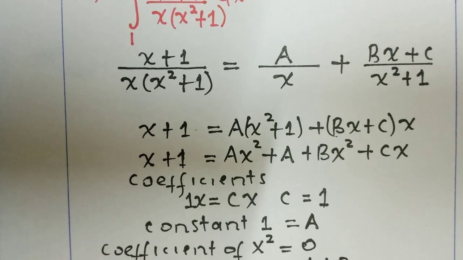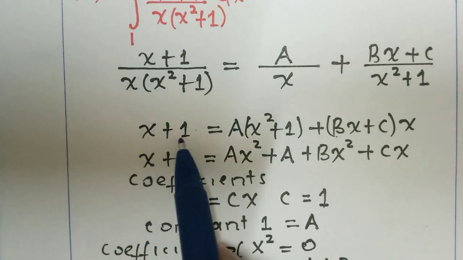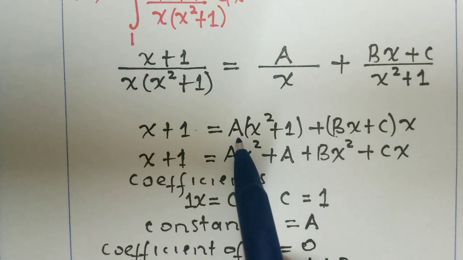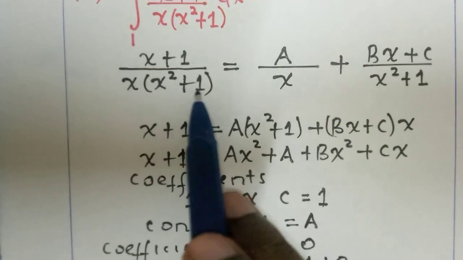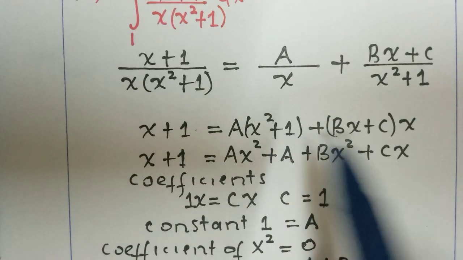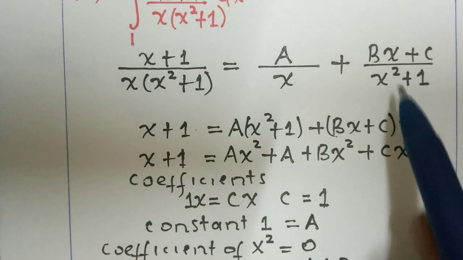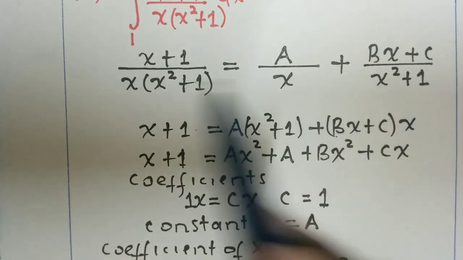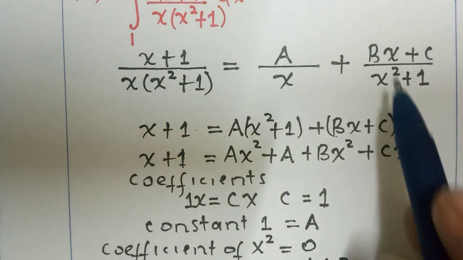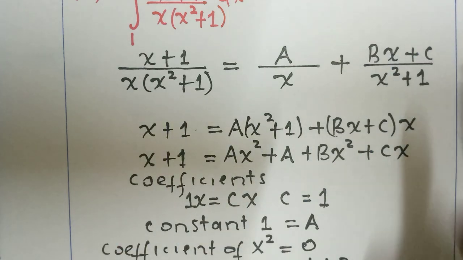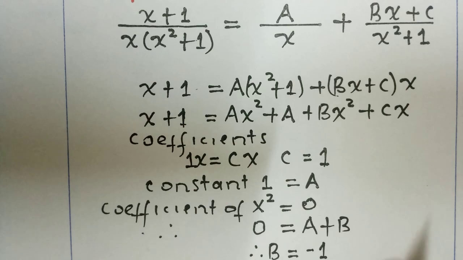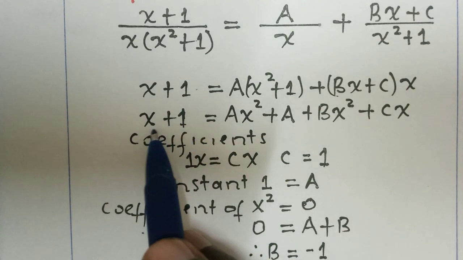Just as we have done the other one, I say x plus 1 is supposed to be equal to this, whereby x divided by that you remain with the x squared plus 1. You go to this one, x squared plus 1 divided by that you remain with the x and multiply now by bx plus c. And finally, you get this value.